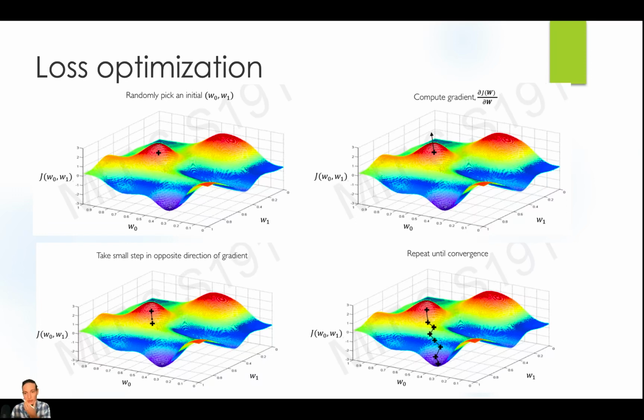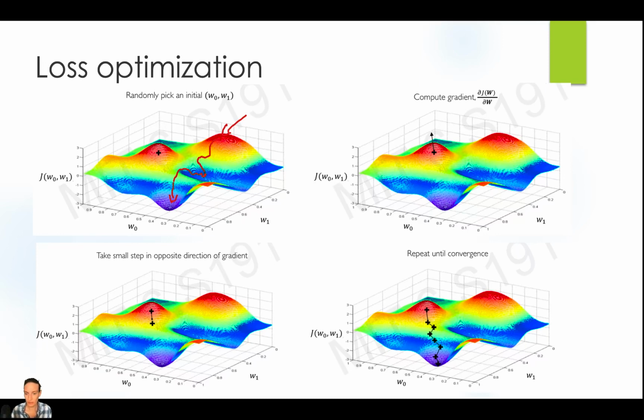But what we basically want to do is, suppose we visualize all possible combinations of weights, together with their resulting loss function. We could imagine a landscape whereby the red spots would be the high values for the loss function. And what we want to do is slowly move and find not a local optimum, because we'd get stuck. We want to find the very best minimum, which is the global minimum.